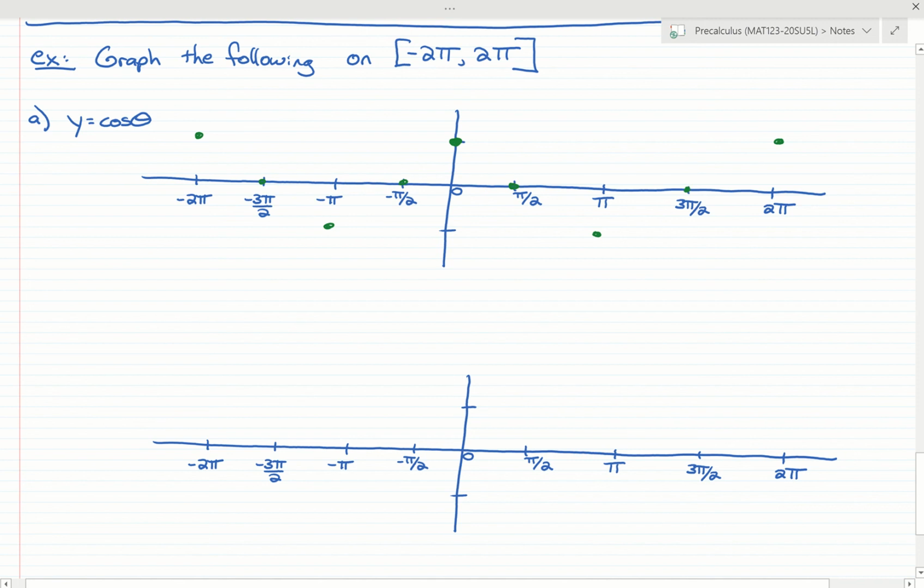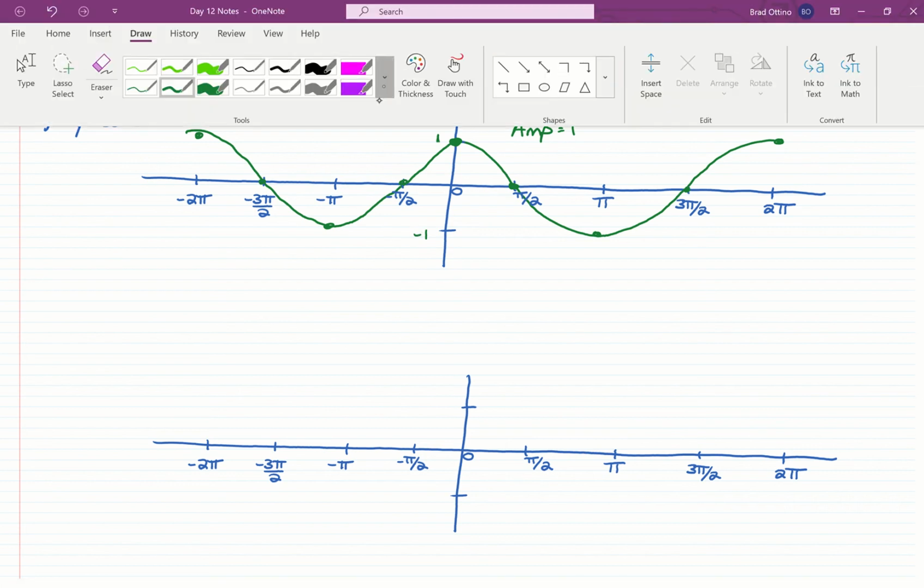We could just keep the pattern going. If you're not sure, make a table, convert to degrees, but the more you practice doing this, the easier it'll be for you to do that on your own. That's what cosine looks like. Our period is 360 degrees, or 2 pi radians, and our amplitude is 1. Let's go to our next graph.